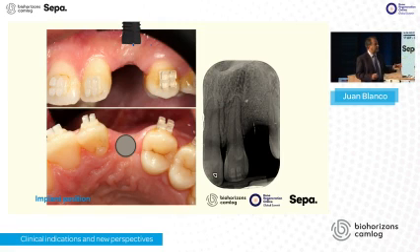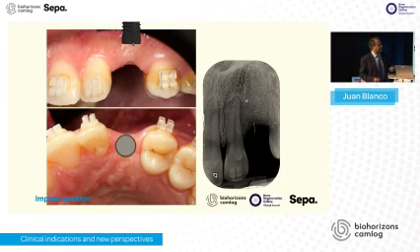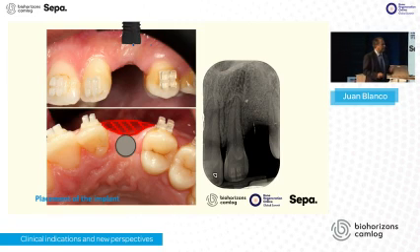And clearly, in this case, the position of the implant in the vestibular aspect is in a very risky situation because the thickness of the buccal plate is going to be very thin. So clearly, we have to go for both hard tissue augmentation and soft tissue augmentation, like the image you are seeing on the screen.